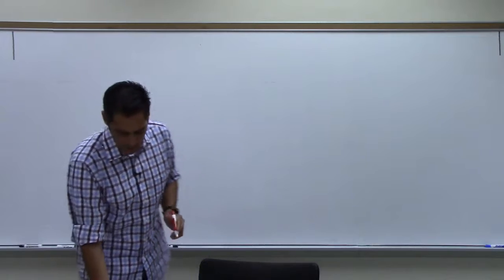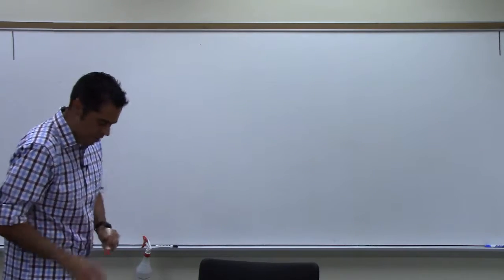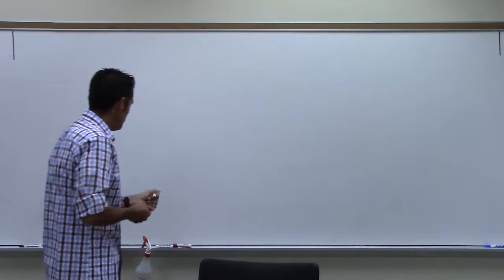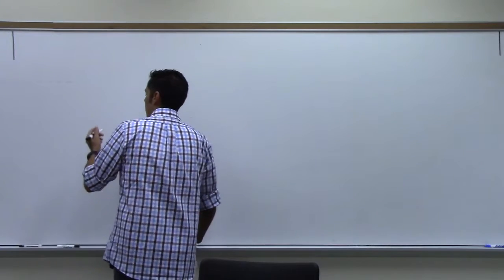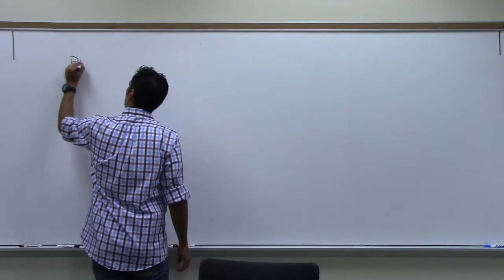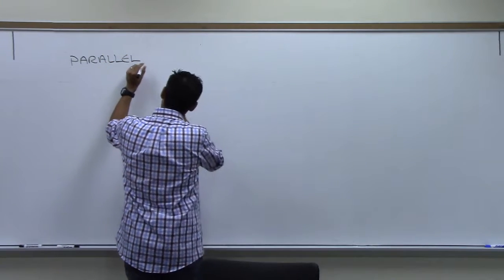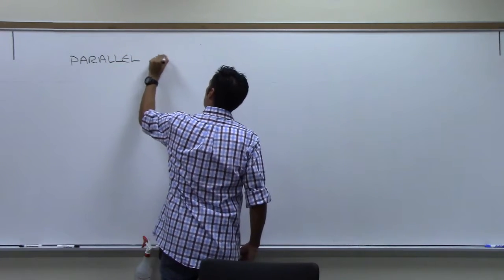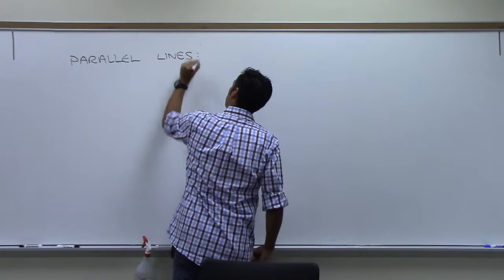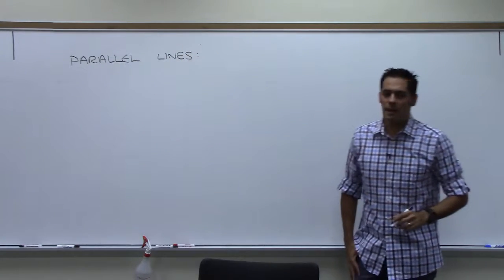Okay, so we were talking about parallel and perpendicular lines, and what we need to do is come up with a formal definition for each one. So parallel. Let's start with parallel lines. Okay, so how do we define two parallel lines?